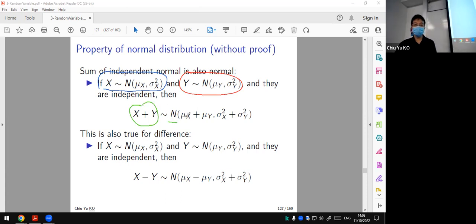This is not always the same. If you add two Poissons, it's not a Poisson. If you add two exponentials, it's not exponential. But the bell is a very special case: you add two bells, it's still a bell.